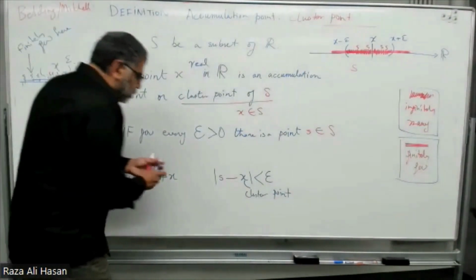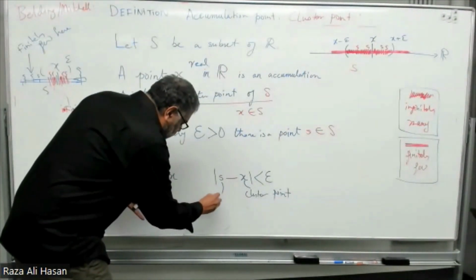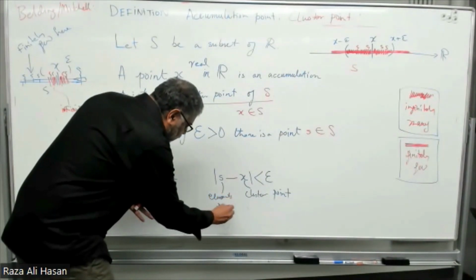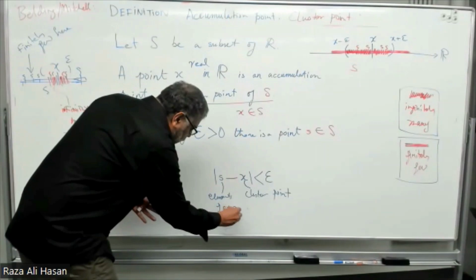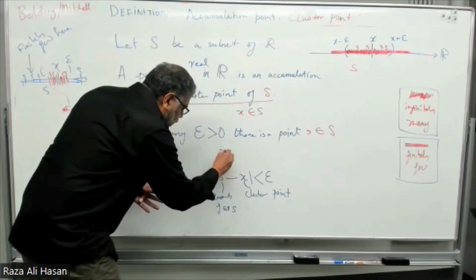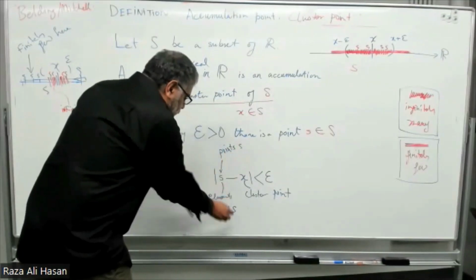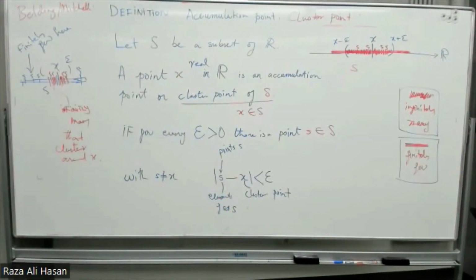These are the elements, infinitely many elements of set S. So this is the point, the points S, and S is never equal to the cluster point.